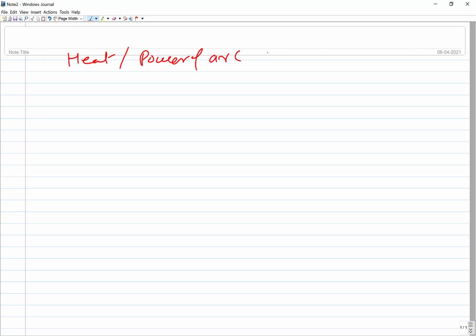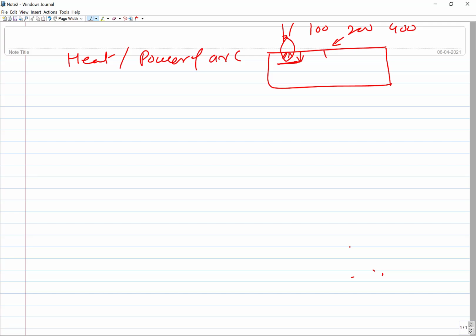For example, if you take the base metal and apply the arc using different welding currents, say 100, 200 and 400, you will notice that in one case the weld zone is very small and the depth of penetration is very less. For 200 it will be higher, the weld zone is bigger and the depth of penetration is also more.